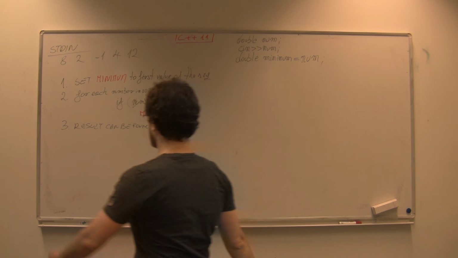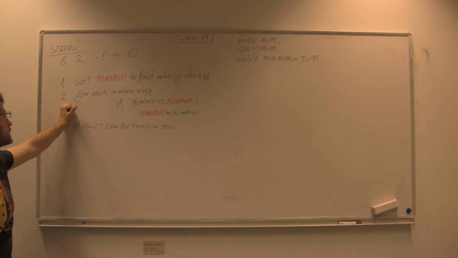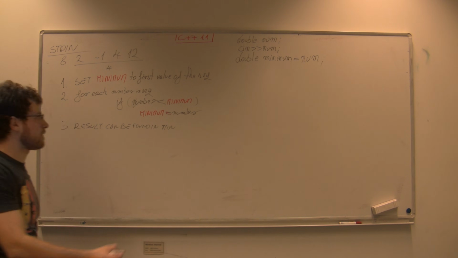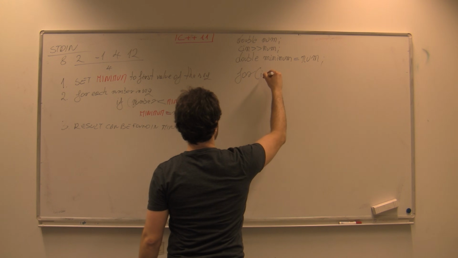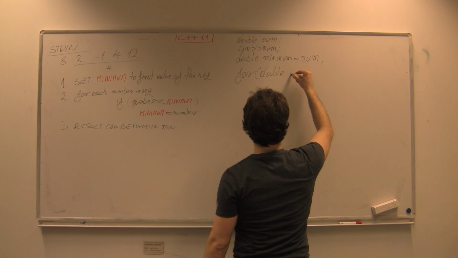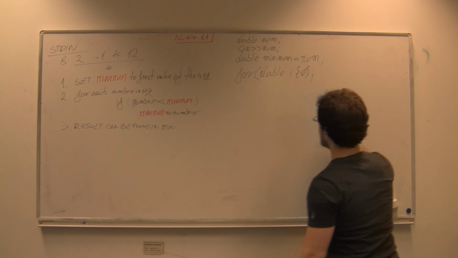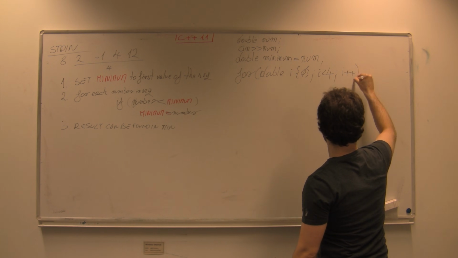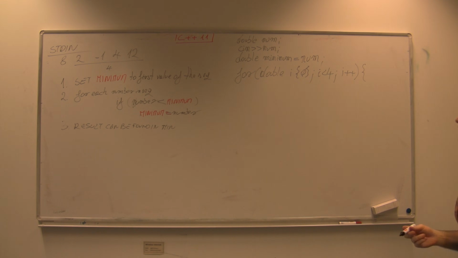Having done this, we can proceed to the second step. So we have to loop across the remaining numbers. In this case, it will be across 4 numbers. Double i = 0, i less than 4 times. And then we perform conditional execution.